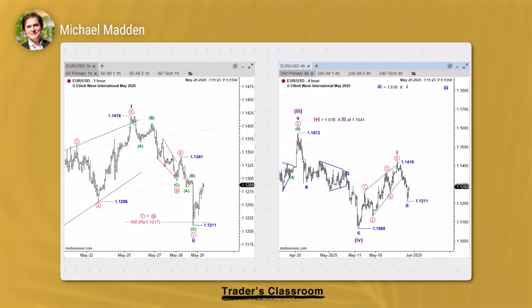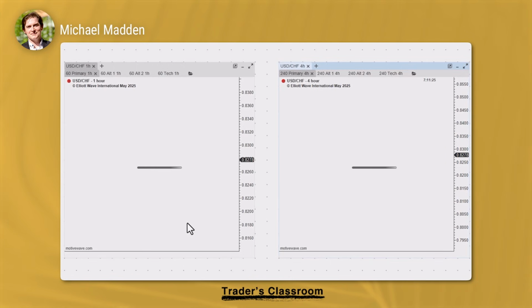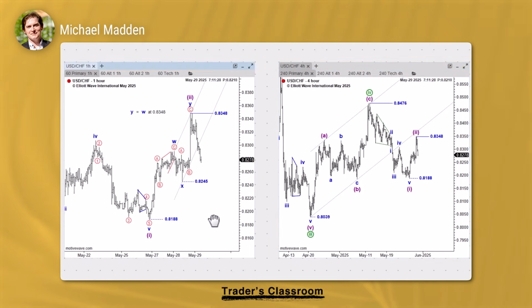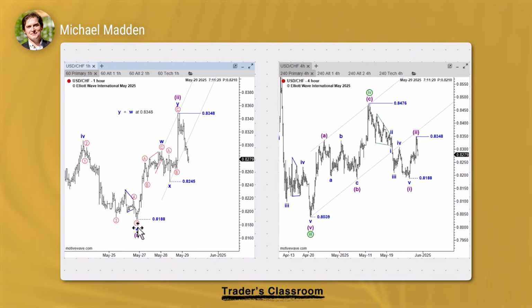And just to look at some other scenarios, if we just look at dollar Swiss, I was looking at this this morning, where we had a nice example of a double zigzag pattern where we had ABC for W, X wave that ended 82.45, and then ABC for wave Y, and then testing the Y equals A. So the common expansion here within the double zigzag, of course, is the same as a zigzag pattern, where we have equal distances within both of the patterns.